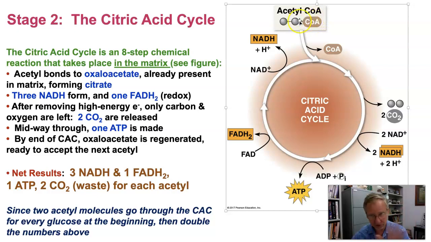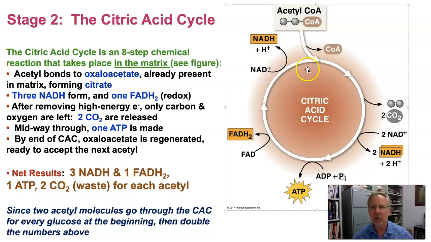And the whole point of the citric acid cycle is to remove the electrons from acetyl and give them to these carrier molecules to shuttle them to the final phases of cellular respiration, where those electrons are going to be used as an energy source to make a whole bunch of ATP. Removing electrons from acetyl is the primary point of the citric acid cycle.